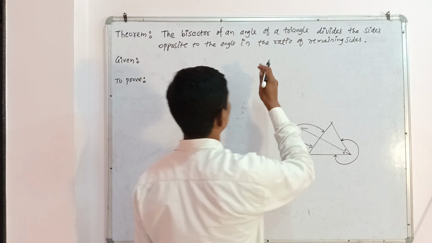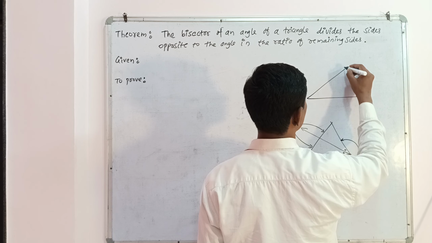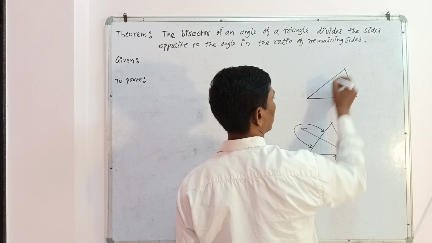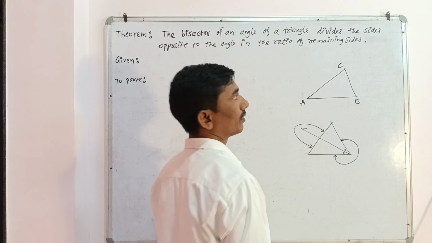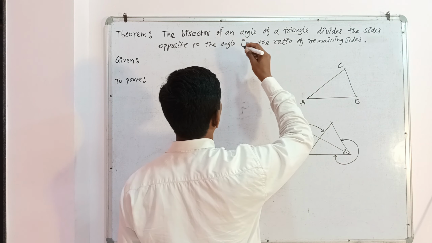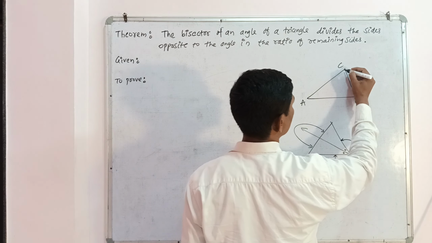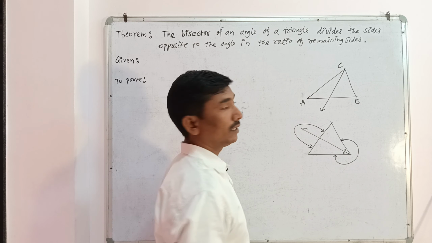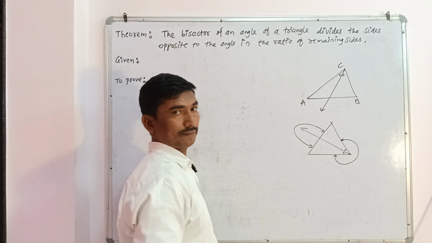To prove this, we'll have a diagram of a triangle like this. Suppose this is triangle ABC. Then we take a bisector of one of the angles. I'll bisect angle C, so that this angle and this angle are of the same measure.